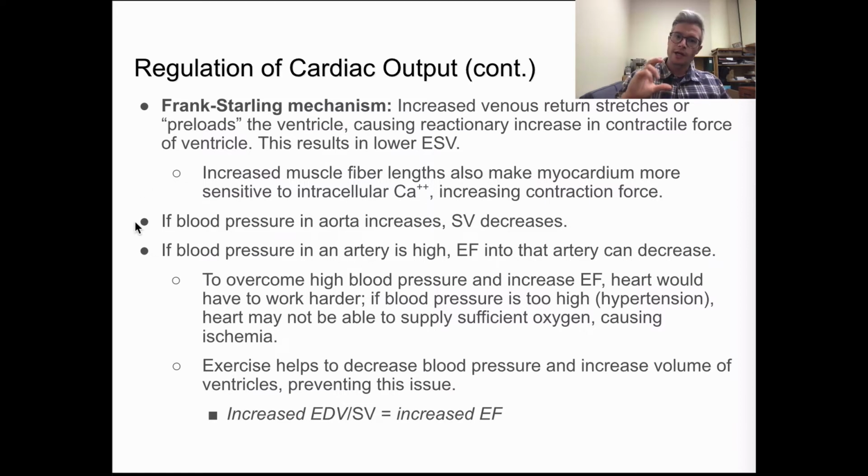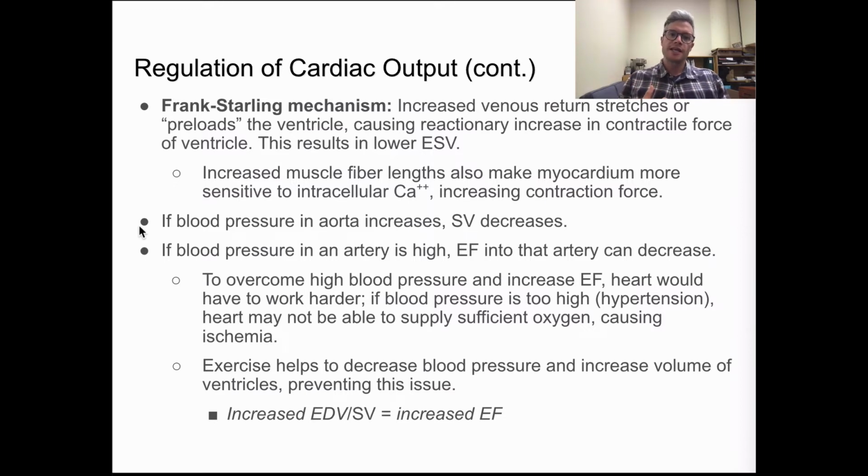Okay. A couple other kind of feedback or regulatory things that will happen with our heart. So that's one. Another is if blood pressure in the aorta increases, our stroke volume decreases. So part of this, just as a reminder, the aorta is the first main artery out of the heart, right? And it kind of feeds into the coronary arteries, the peripheral circulatory system.